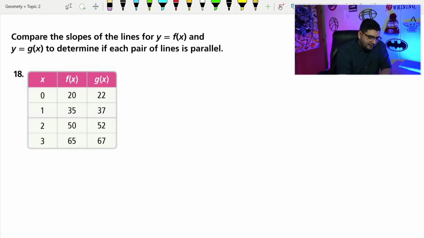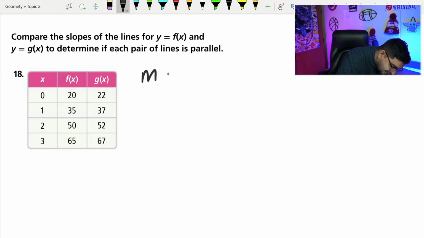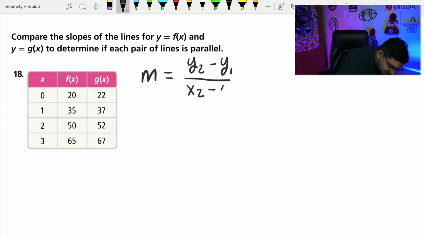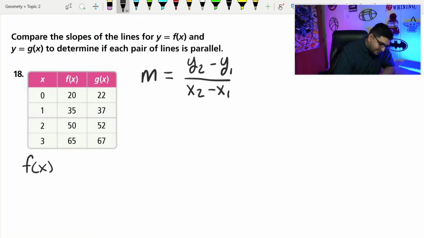So let's write down our slope formula here. As mentioned previously, it's y2 minus y1 over x2 minus x1. And we're going to pull 2 points from each function. So for f of x, I'm going to take the points 0, 20 and 1, 35.